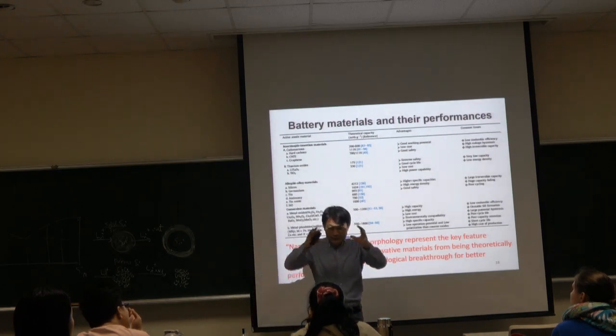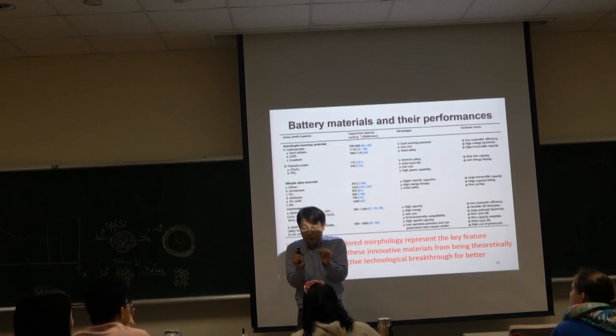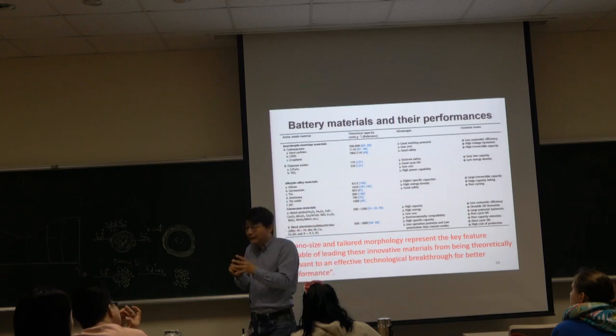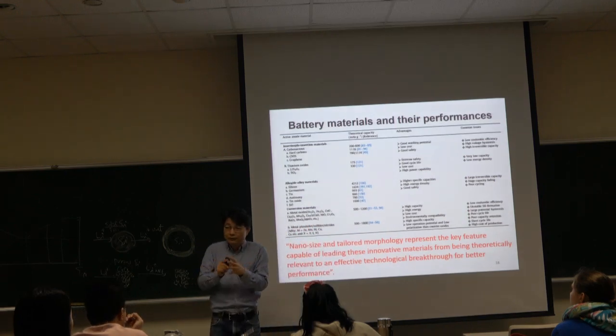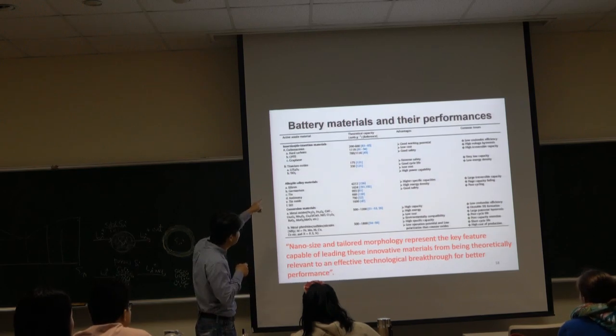Like they couple lithium outside with a carbon coating. Because carbon is softer, it can accommodate some of the volume expansion from the silicon. Next is also using carbon, such as CNT and graphene.